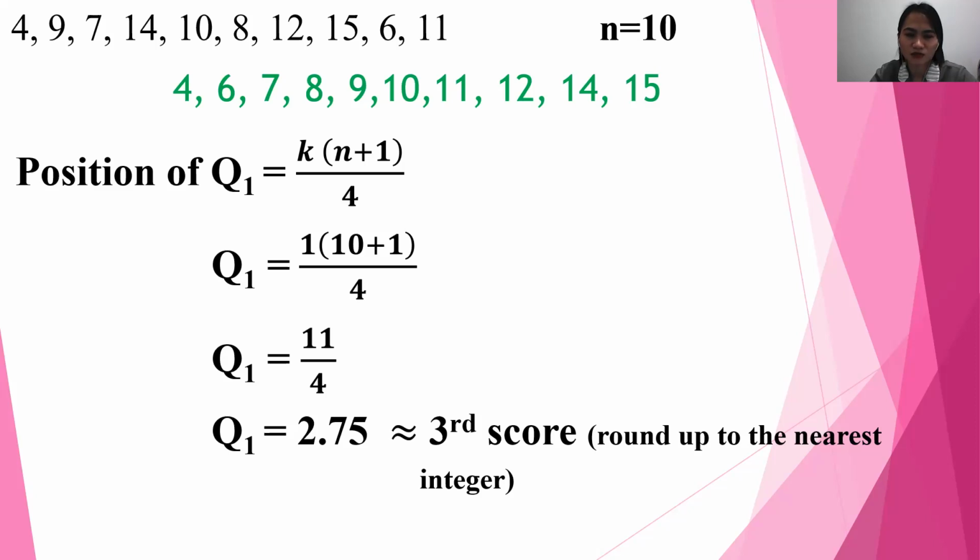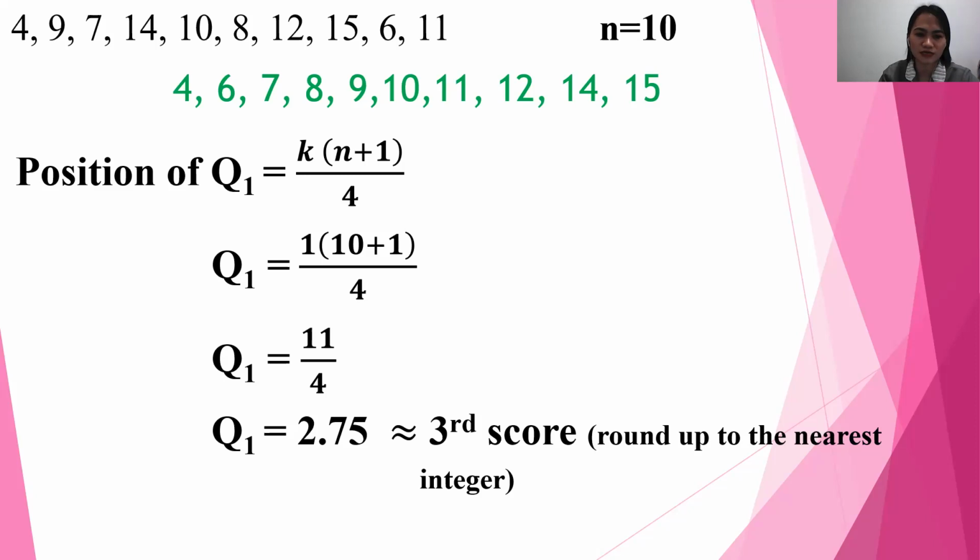So n is equal to 10 and k is equal to 1. From the formula, Q sub 1 is equal to 1 times the quantity of 10 plus 1, all over 4. So Q sub 1 is equal to 11 over 4, which is 2.75. Rounding up to the nearest integer, it becomes 3, or the third score.